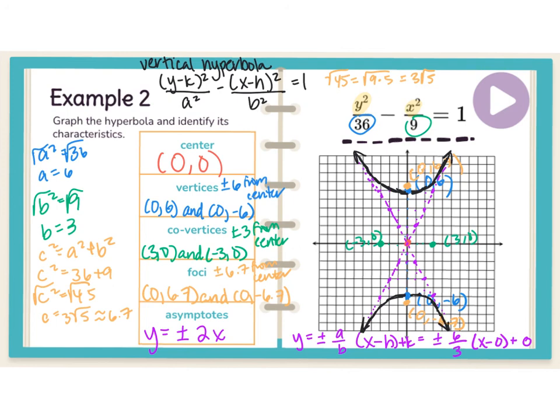There we go. Would have liked a better curve on that one, but it's okay. So notice how that hyperbola is opening up and down.